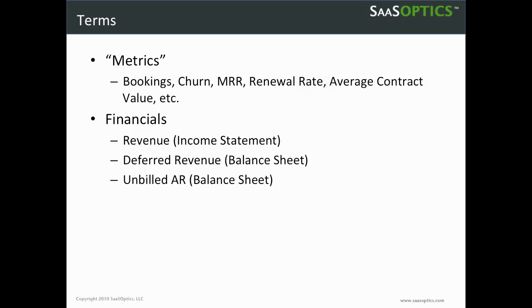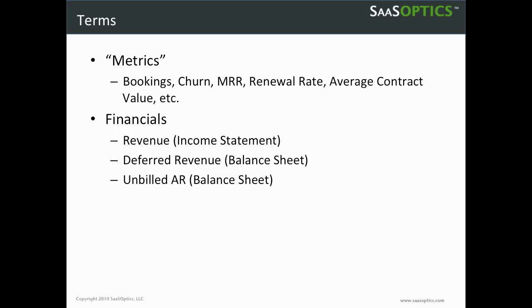What kind of metrics and what kind of financials? Well, you'll hear things like bookings, churn, which is very important for SaaS companies and subscription companies, MRR, monthly recurring revenue, renewal rates, which is the complementary term to churn, average contract value, customer lifecycle value. These are the common metrics that you will hear.